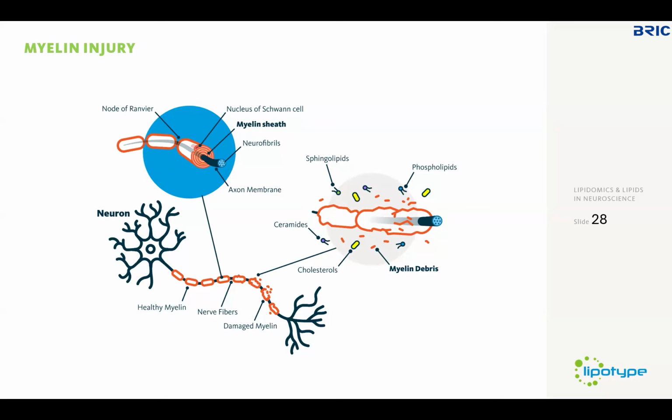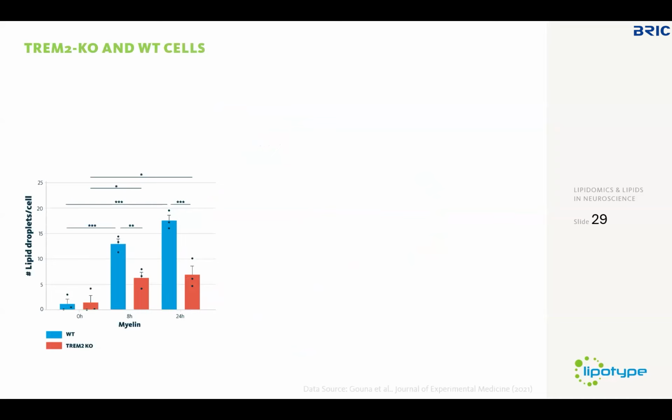And this buffering mechanism of the lipid droplet sometimes can get damaged, for example, in the presence of TREM2 mutation. And this was the model that was analyzed in this case. So in the case of TREM2 mutation, we did see that the number of lipid droplets needed for proper resolving of myelin injury dropped in the TREM2 knockout.